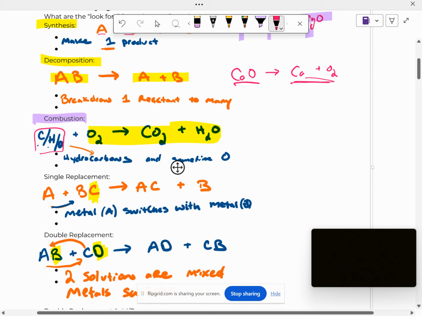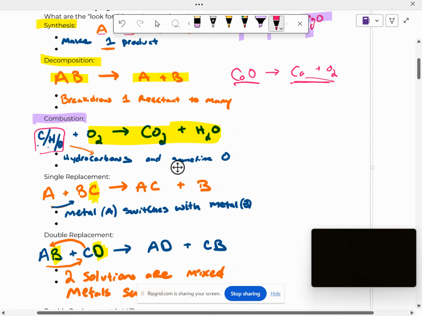Now let's look at a couple more. For this problem, I got 2 of each and they switch, so that's a double replacement. Here I have oxygen, carbon dioxide, and water, and I have a hydrocarbon.